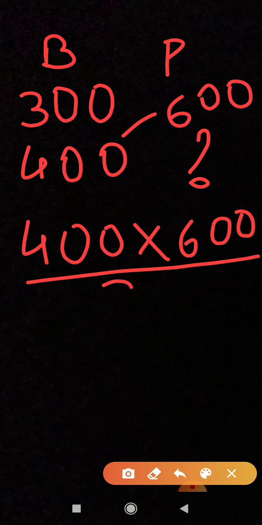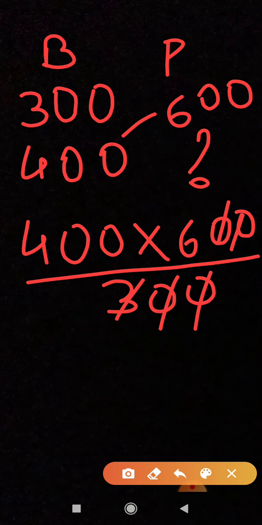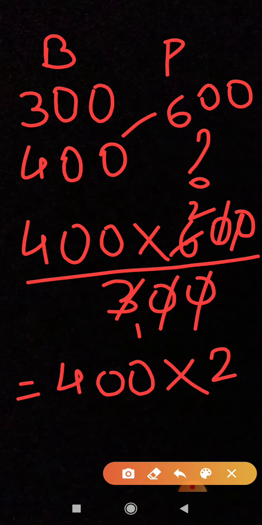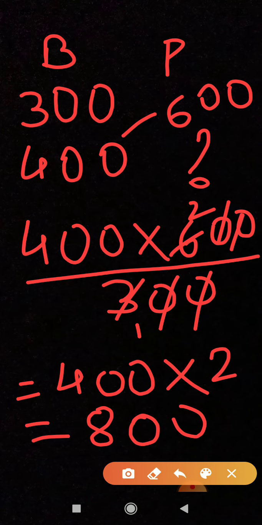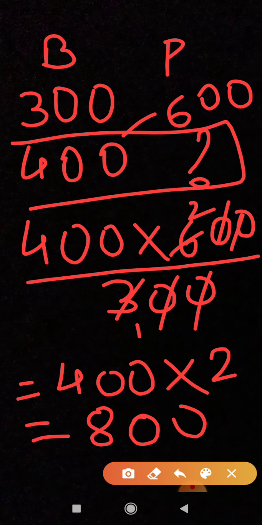So 400 multiply by 600 divided by 300. Again the two zeros were cut. 3 ones are 3, 3 twos are 6. The next procedure is 400 multiply by remaining 2. So 400 multiply by 2 gives you 800. So your answer is 400 bricks cost rupees 800.